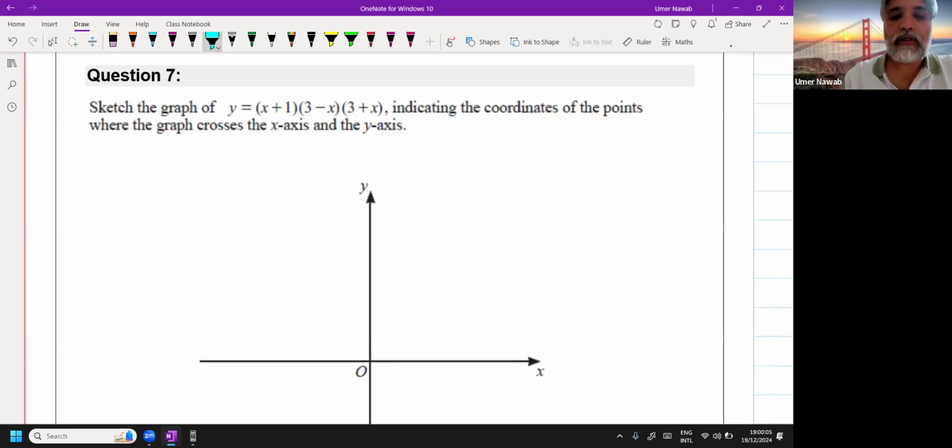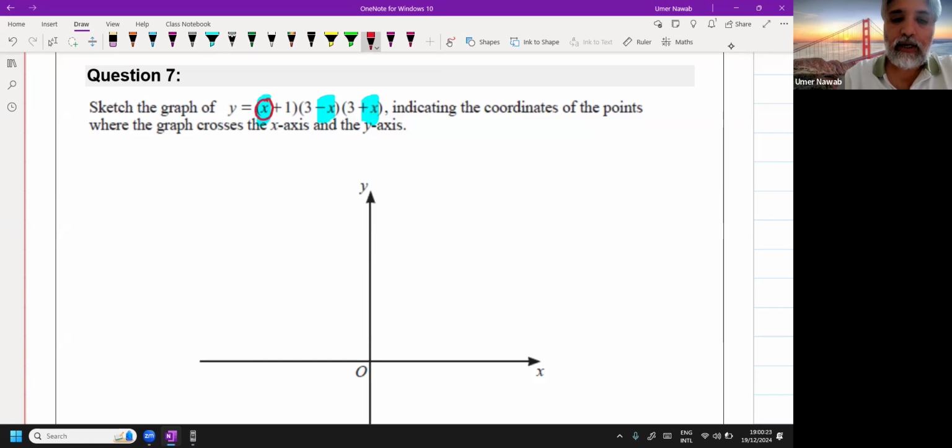Now, this question is important because this will decide how the students are considering the multiplication of x's together. No need to multiply the three brackets together.